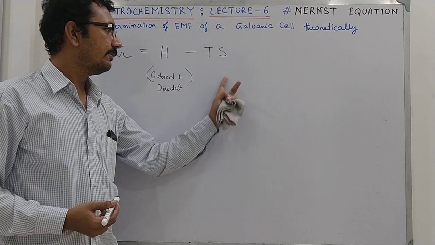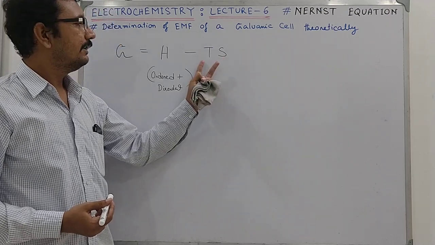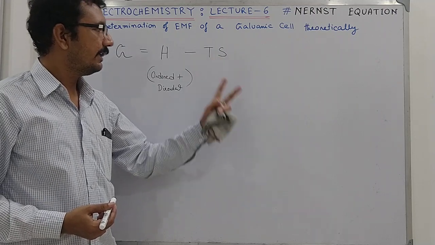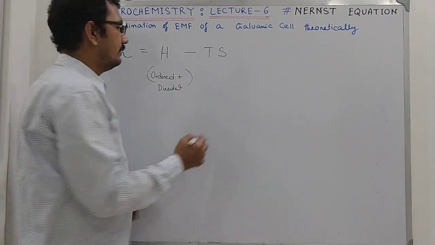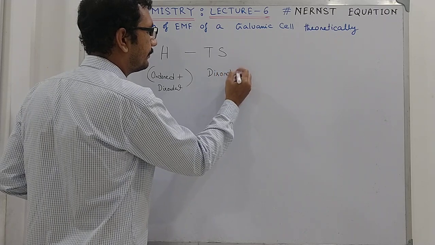So S is the measure of disorderedness within a system, and if you multiply this entropy by T, it will give you energy. So this energy obviously will account for the disordered energy within the system.